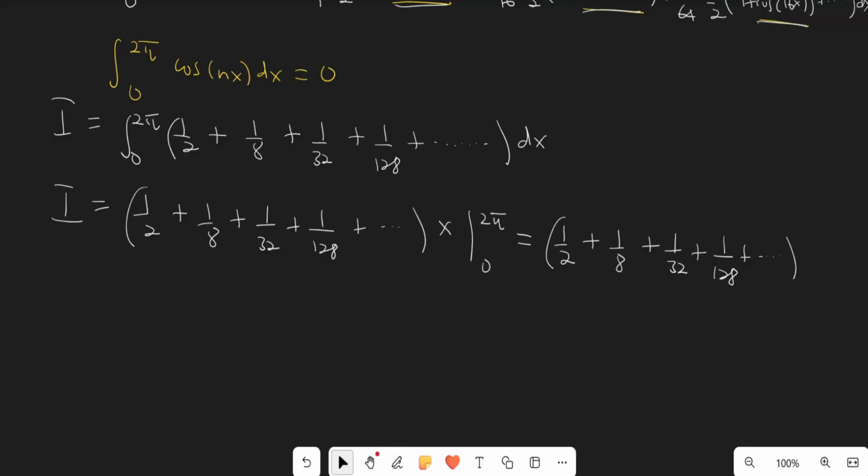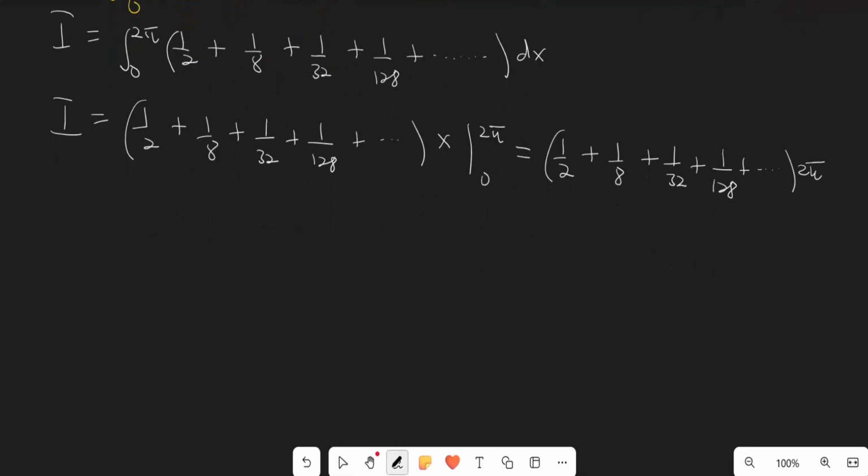Then 2 pi minus 0 is 2 pi. That's just plugging in your limits. Now the task is to find this infinite sum. What does that one sum to?